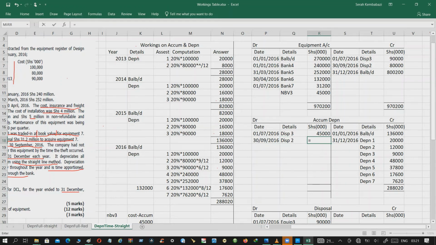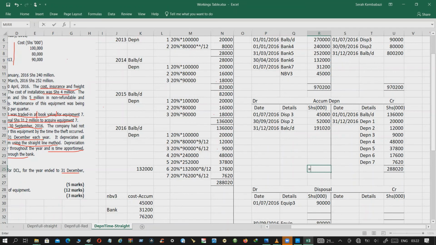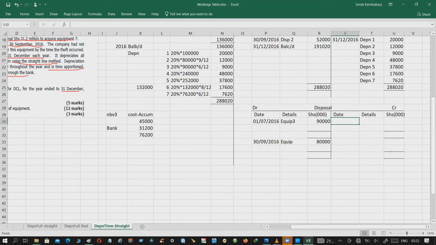We are going to total up the 8,000 plus the 16,000 plus the 16,000 again plus the 12,000. And at the end of the financial year, we should be having our balance carried down for the next financial year as the difference between the greater side and the lesser side. In this case it's the credit side which is greater than the debit side. So that's our opening balance for the next financial year in terms of accumulated depreciation.